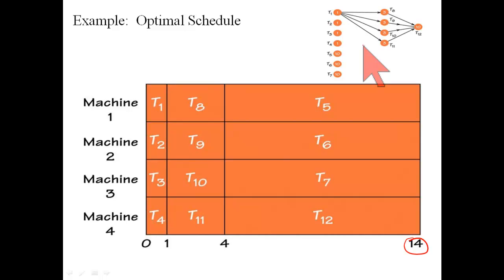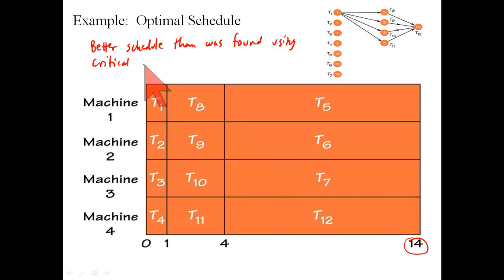But the important point here is there's a better schedule than was found using critical path scheduling. And it only takes one counterexample to disprove something.